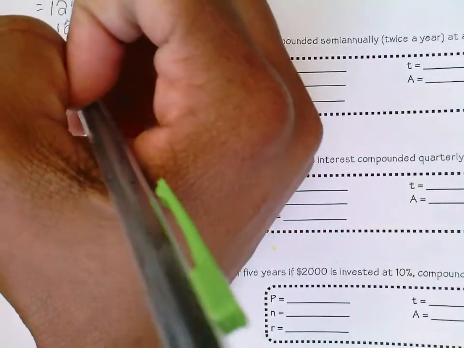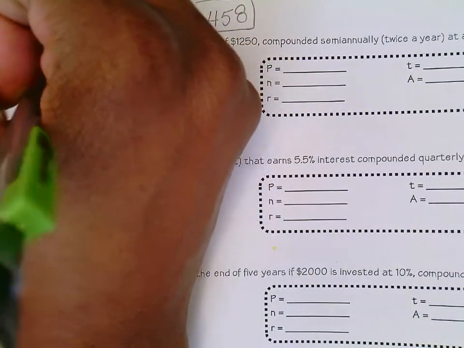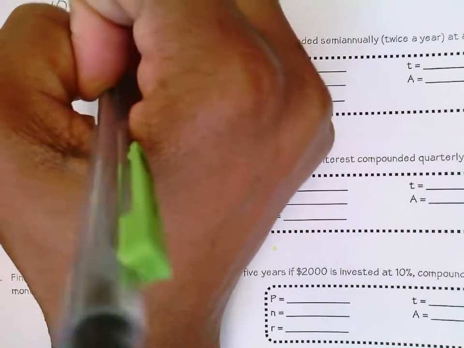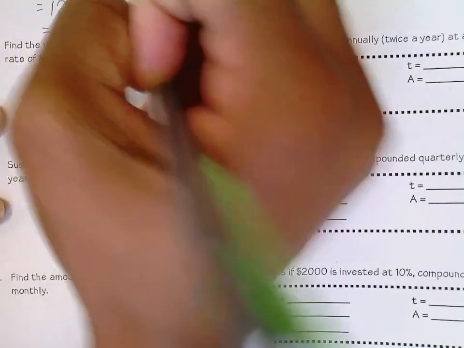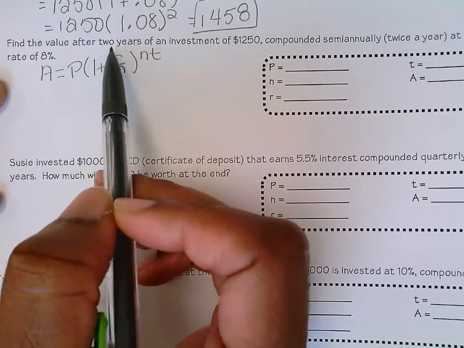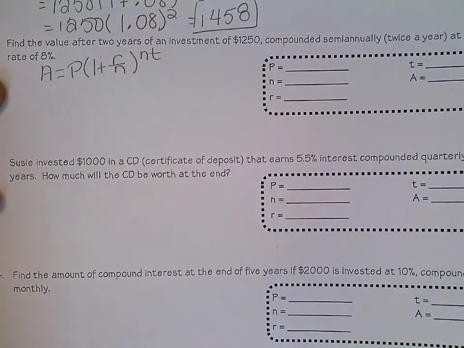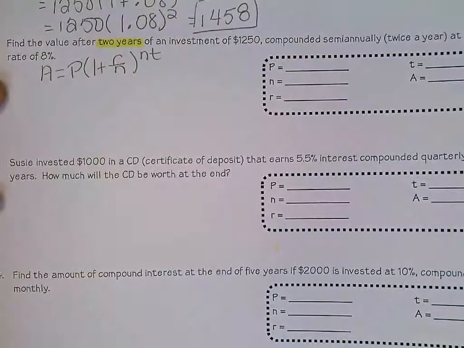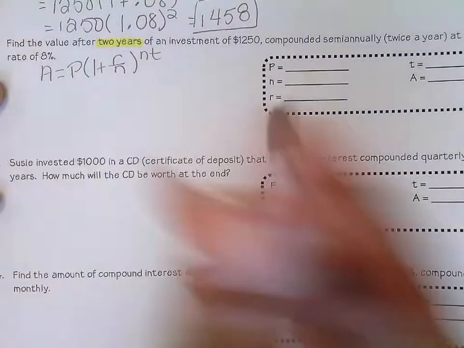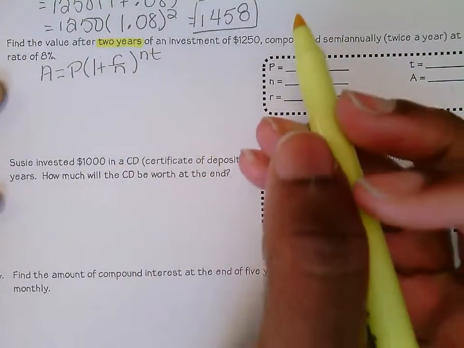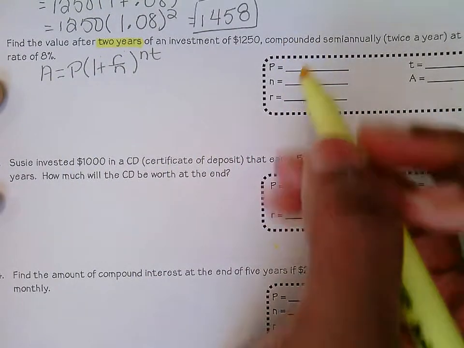Again, we're using this formula, so I'm going to write the formula first. A equals P times 1 plus R over N to the NT. Then I want to pick out my key things. It says find the value after 2 years. We know that 2 years should be the amount of time of an investment of 1,250.